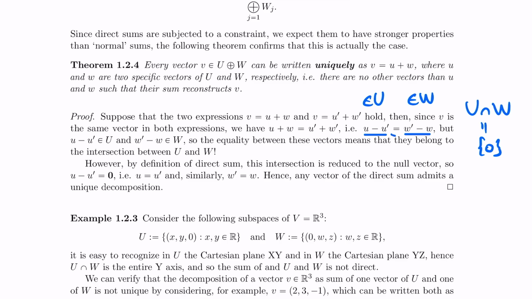Hence, both these vectors must belong to the intersection between U and W. But we have recalled before that this intersection is reduced to the null vector. And when do we have that two vectors subtracted to each other give rise to the null vector? When they agree. Hence, u is equal to u' and w is equal to w'. And so, the decomposition of V as the sum between a vector of U and a vector of W is unique.